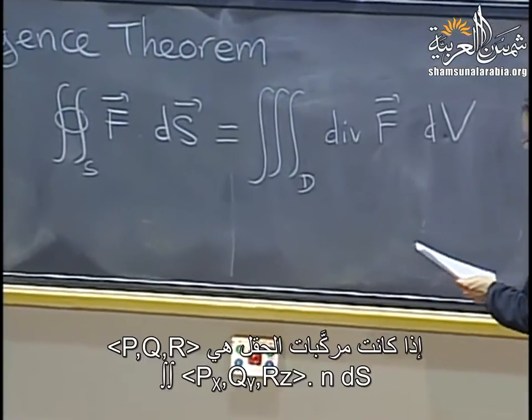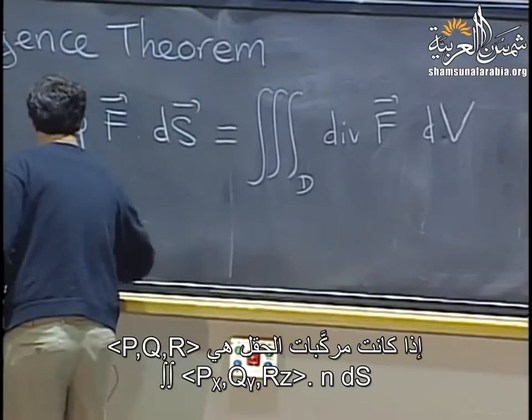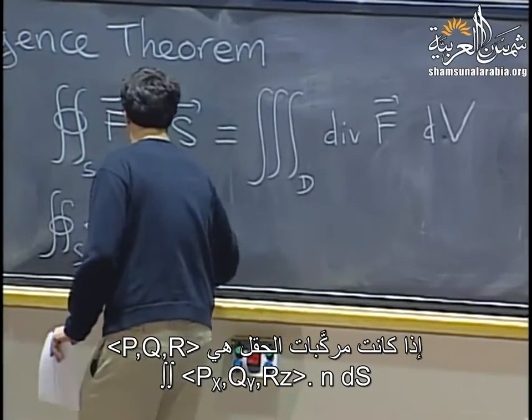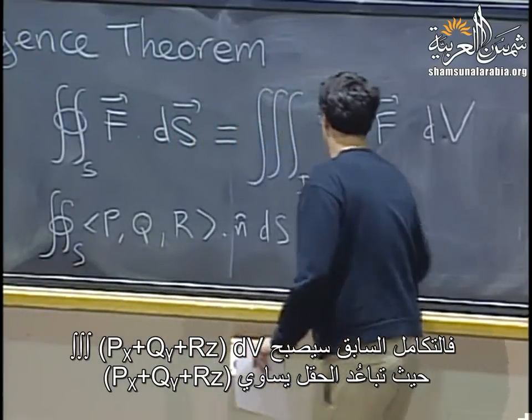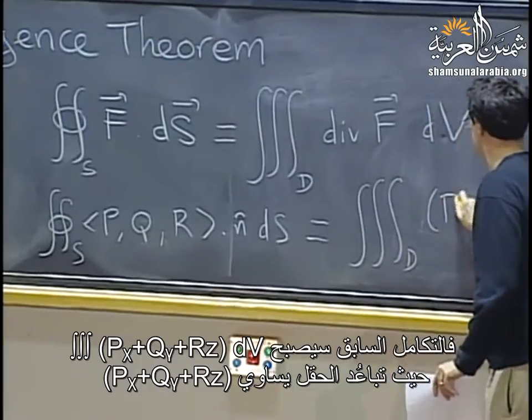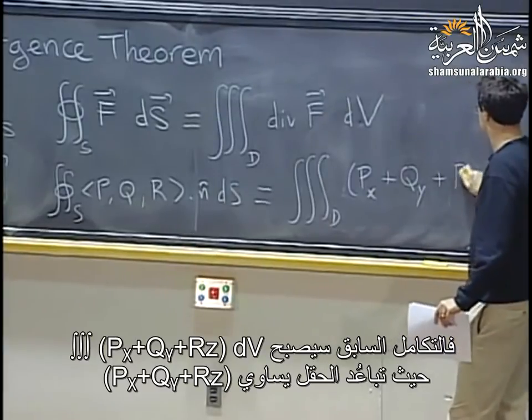Concretely, if I use coordinates, let's say that the components of my vector field are P, Q, and R, then that will become the triple integral of the divergence, which is P sub x plus Q sub y plus R sub z.